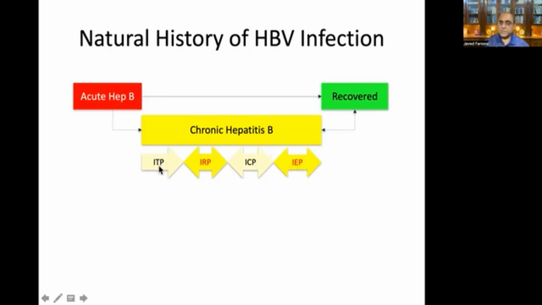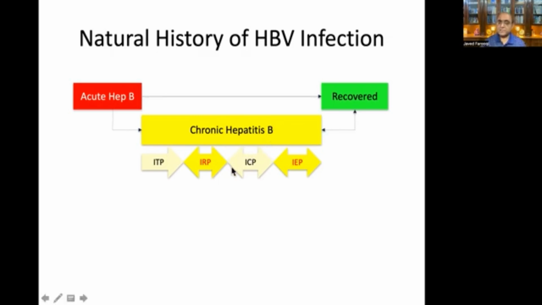Immune tolerant phase is the one where hepatitis B virus is proliferating, but immunity is tolerating. Immunity is not attacking those hepatocytes where the proliferation is being done. While in the immune reactive phase, the immunity becomes alert, it awakens, and it attacks those hepatocytes, practically all hepatocytes, where the hepatitis B virus proliferation is happening.